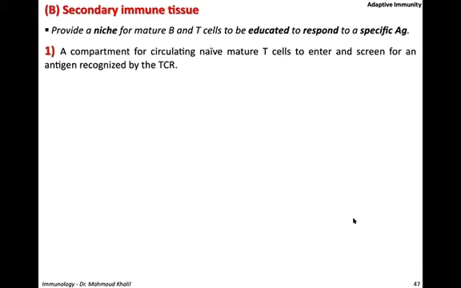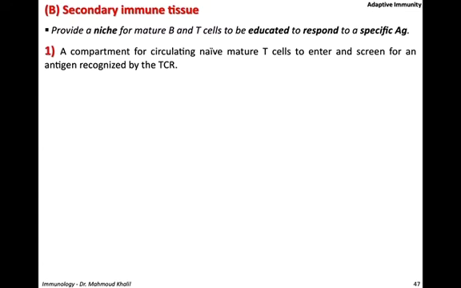For the secondary immune organ, one of the famous examples is the lymph node. It provides a niche for the mature B and T cells to be educated to respond to a specific antigen. Like we say, these B and T cells need to be fine-tuned to respond to a specific antigen.